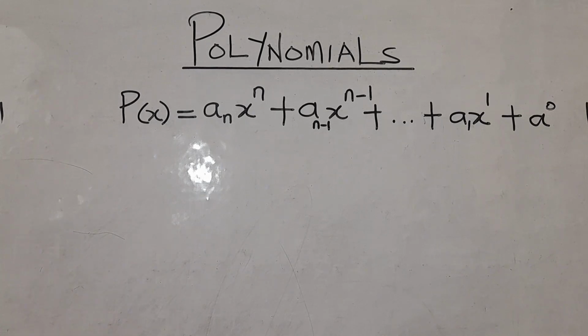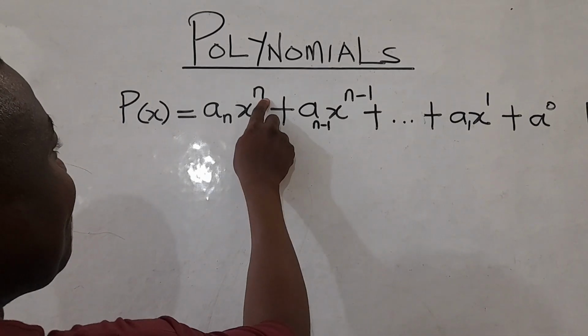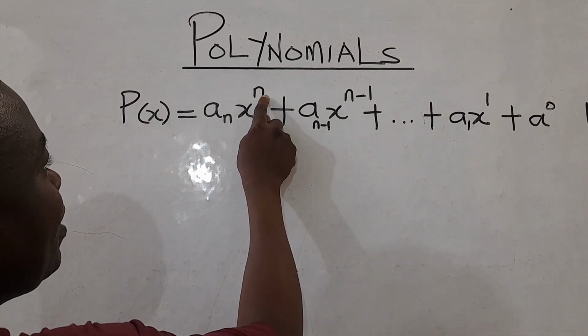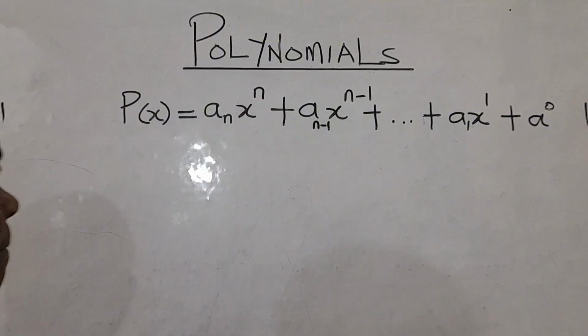But today we are going to be looking at a particular type of polynomials: polynomials of degree 3. Degree 3 means the power of x is 3, that is, n is 3.